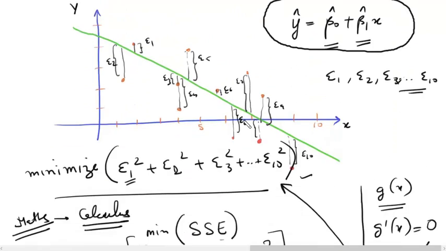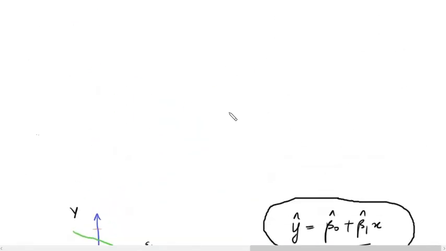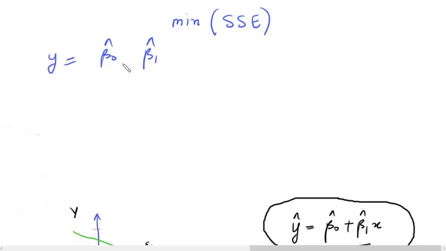To recollect what we have covered in this video: we covered how we arrive at the equation of the line. We arrive at the equation of the line by minimizing the sum of squared error, and hence we get the values of beta naught hat and beta 1 hat. And of course, once we have the values of beta naught hat and beta 1 hat, we have our predicted values, so we can make predictions using the x variable.